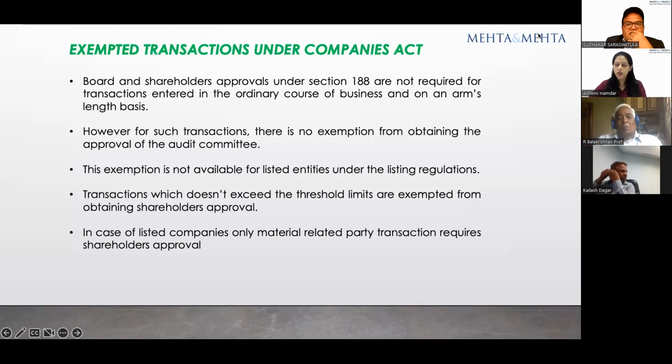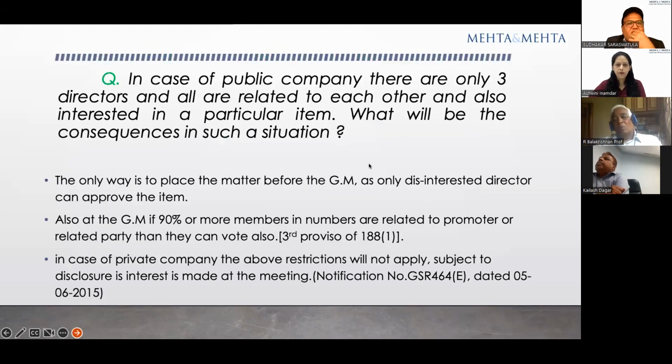This exemption is not available for listed entities under the listing regulations. Transactions which do not exceed the threshold limits as given in the rules as well as the section are exempted from obtaining shareholders' approval. And in case of listed entities, only material related party transactions require shareholders' approval.